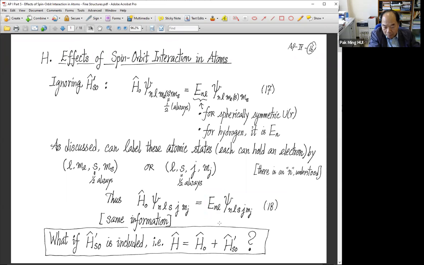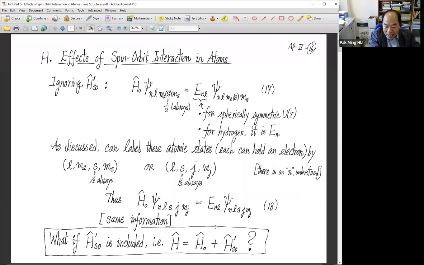So the question becomes, we derived a spin-orbit interaction term. The Hamiltonian becomes a new one called H. So it's a classic scenario: H equals H0 plus H prime.